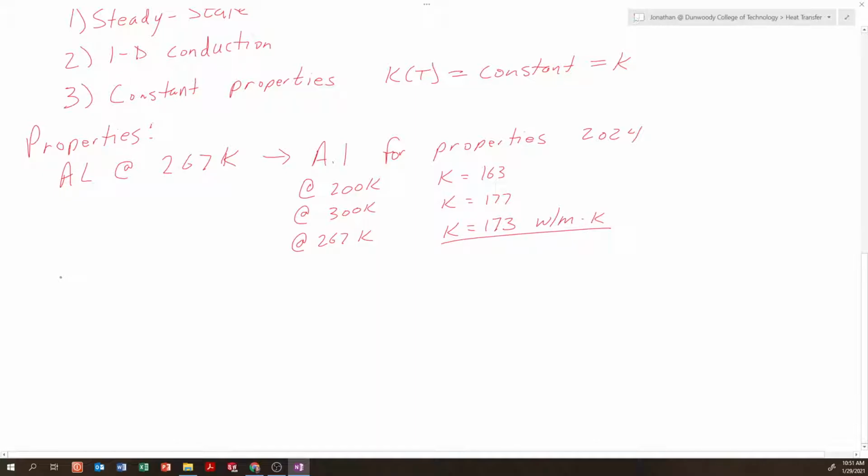We also have carbon steel. I believe we'll use AISI 1010. I don't think they told us that in the book, but we're at 22 C on the outside there, so we add that to 273, and we're going to be at 295 Kelvin. Again, that's in table A1. Using AISI 1010, I find that at 300 Kelvin, K equals 63.9 watts per meter Kelvin.